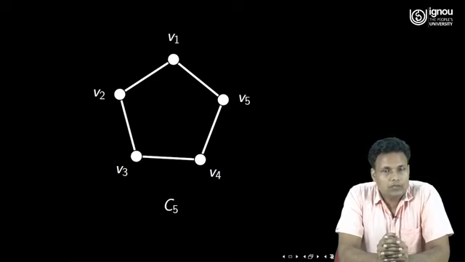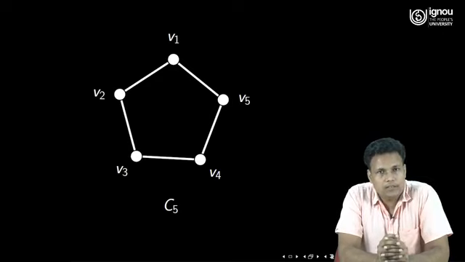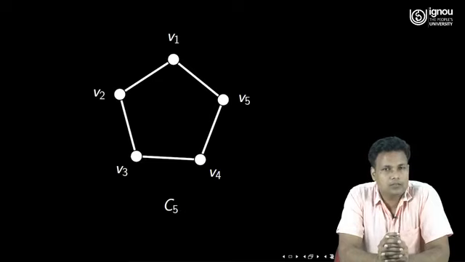So V3 and V4 cannot be put in Y as well as in X. So the same problem comes here also. So this graph is also not bipartite.